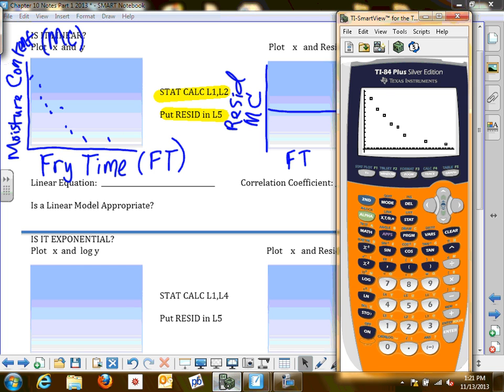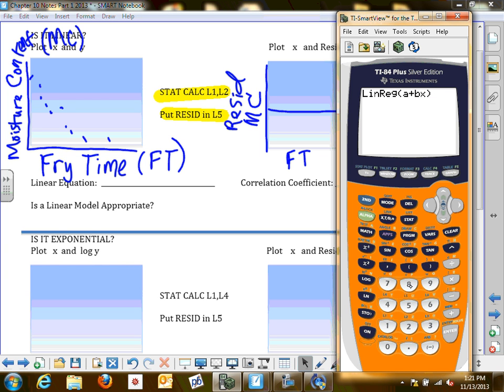So here we go. Stat, over to calc, number 8. I want to tell you something real quick because something's going to come up that's different. When you look up here at my calculator, I have nothing behind linreg a plus bx. Well, this is going to default to finding the equation for list 1 and list 2.